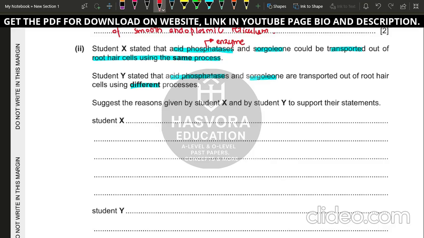And for the second one, we can say that sorgolene, as they have also told us in the question, is a hydrophobic lipid compound, and lipids can be directly transported using diffusion, down the concentration gradient. So for student Y, we can say that acid phosphatase is hydrophilic, and it can be transported using the mechanism of active transport, while sorgolene can be transported using diffusion, as it is a hydrophobic substance.